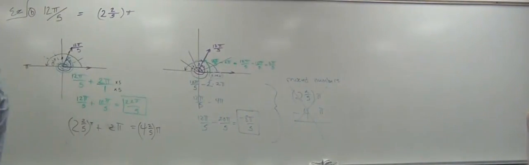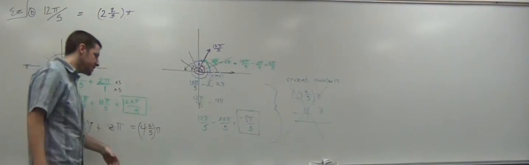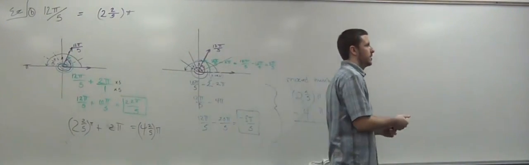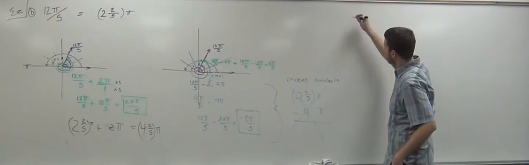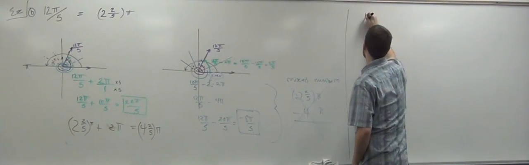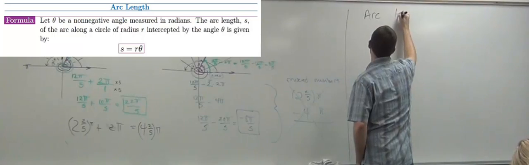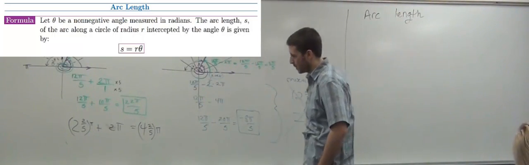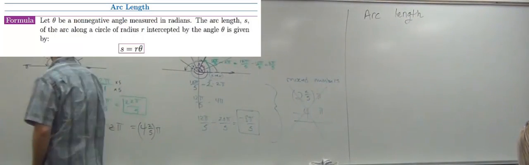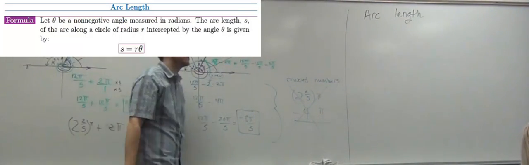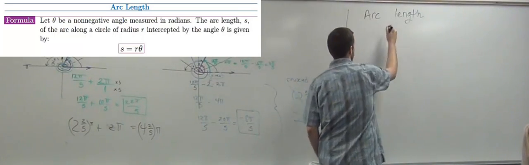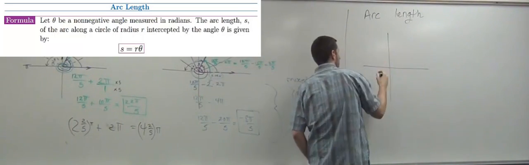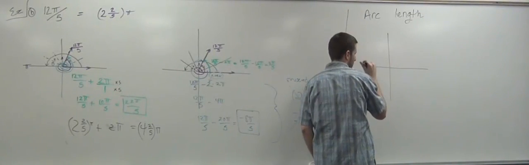The last 2 things in this section that aren't specifically related to graphing angles are formulas that might come in handy in your life, at least in your school life. One of them is the arc length formula. The way arc length works, an arc is just a portion of a circle.